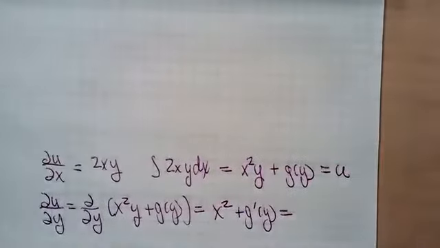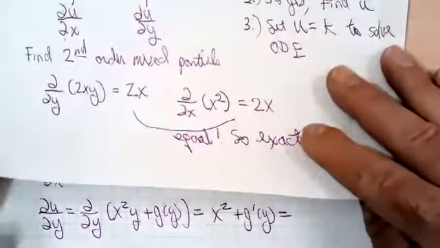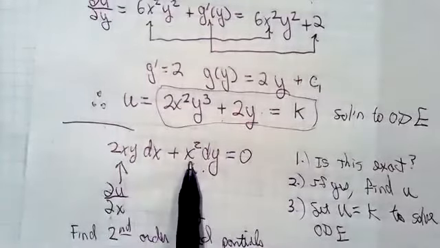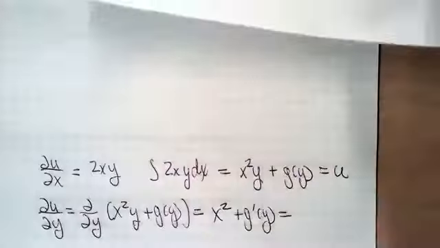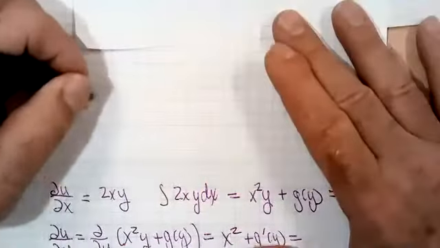And that must be equal to, go back to the original equation, this, which is assumed to be the partial of u with respect to y. So let me copy my equation here.